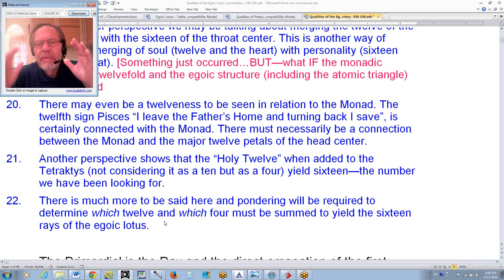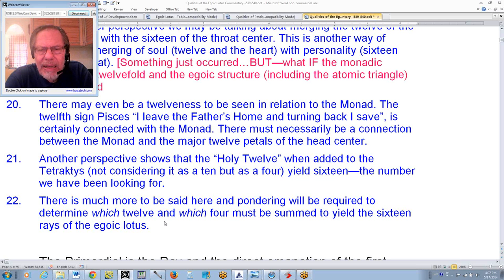See, we count the egoic lotus as a 10 if we leave off that which represents the lowest aspects in the unreal world of personality. And we can get the magical number 22 if we count a 12-foldness in the monad and a 16-foldness in the ego.